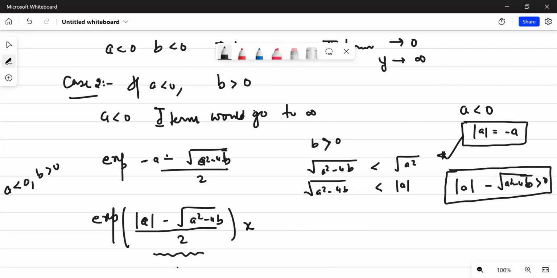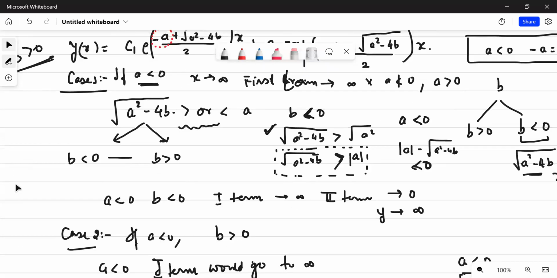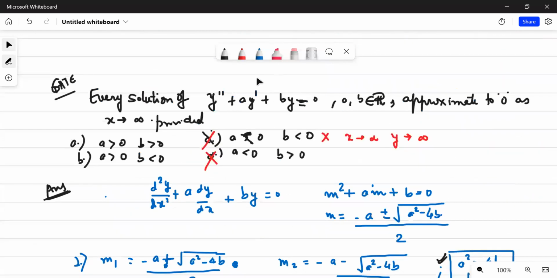So this entire term would be some positive term. And as x tends to infinity, this whole term would go towards infinity. That is, your second term would also go toward infinity. So in any case, if your a is less than 0 as well as b is greater than 0, then your y as a function of x would go towards infinity as x tends to infinity. Is that clear? So this also cancels your option number D. So I'm explaining the entire thing as x tends to infinity and y tends to infinity. Is that clear or not clear?